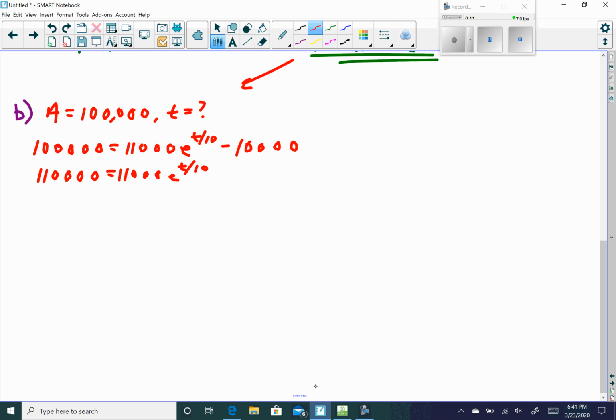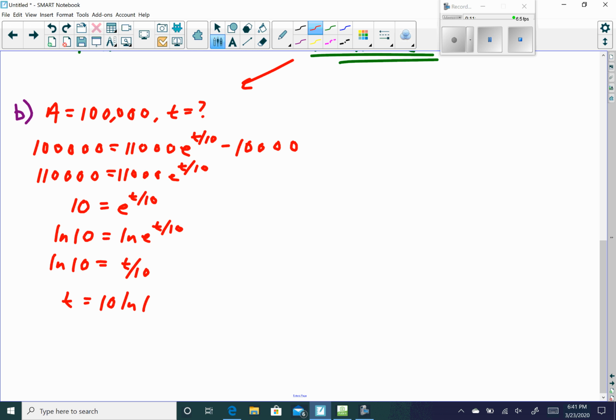Divide both sides by 11,000, so this will actually give us 10 equals e to the t over 10. Take the natural log of each side. We just get the natural log of 10 is equal to t over 10. So t is going to equal 10 times the natural log of 10, which is approximately 23.026 years.